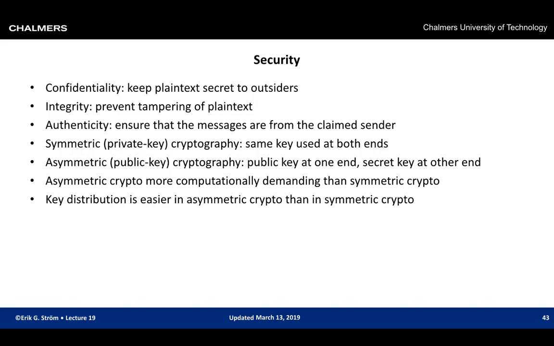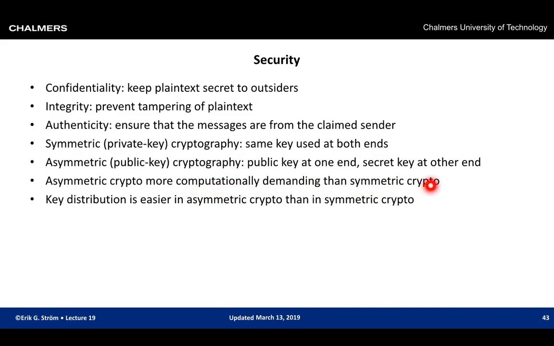The last thing we did in the course was to talk about security. We talked about confidentiality, integrity, and authenticity, and what that means. Then we talked about two different ways to do cryptography, symmetric and asymmetric, and the pros and cons of these. Both of them are used in practice because they have different advantages and disadvantages. One difference is that asymmetric crypto is much more computationally demanding than symmetric.